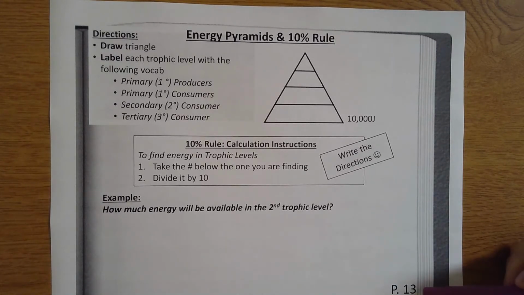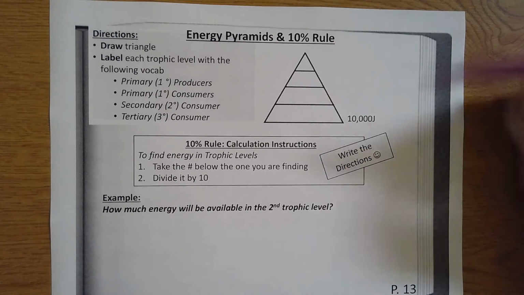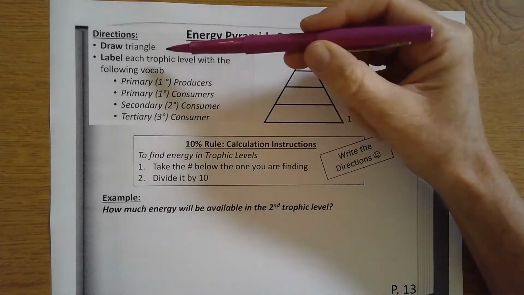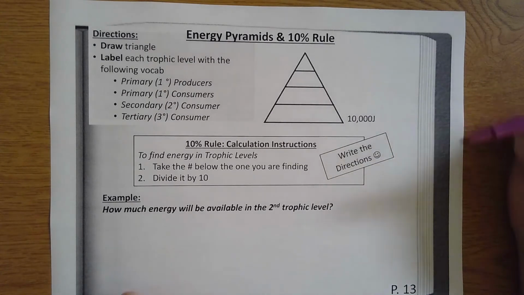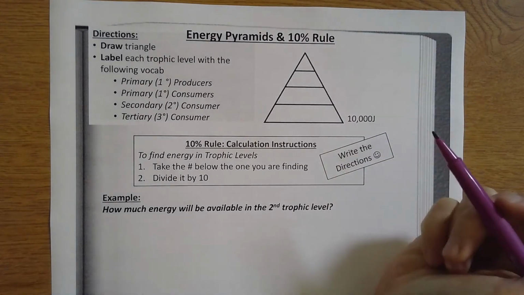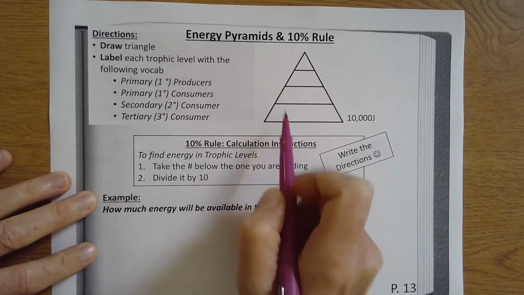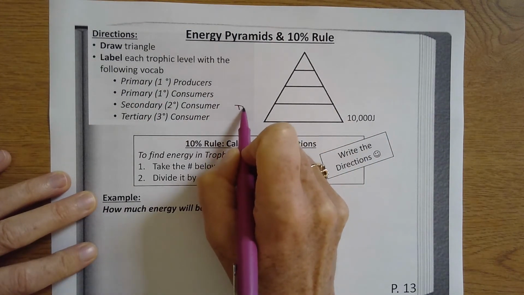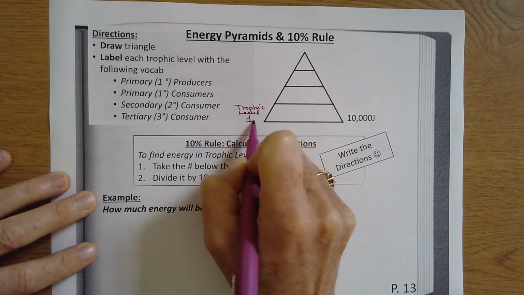On page 13 of your interactive notebook, you should have some information on energy pyramids and the 10% rule. This triangle should be drawn with these dividing lines, which are our trophic levels. So first, let's label those. It doesn't ask you to do it, but just to make sure that you understand, this is trophic level 1.